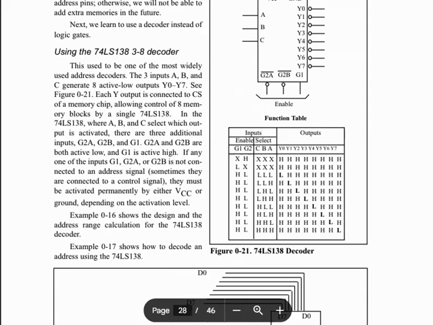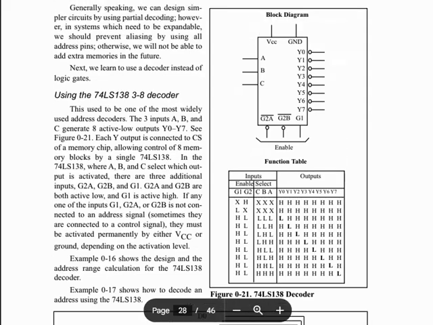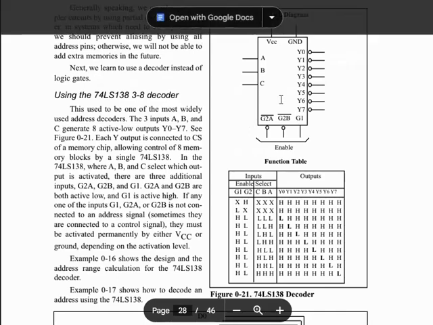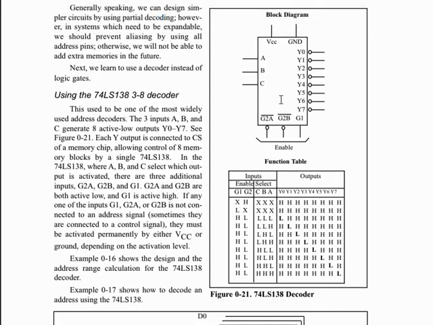In this, if we see, it has 3 input lines and 8 active low outputs, 8 outputs each connected to the CS pin of a memory chip, controlling 8 memory blocks within a single chip. It has additional inputs like G2A and G2B, which are active low inputs. G1 is the active high input. These must be permanently activated with VCC or ground if not connected to an address signal.